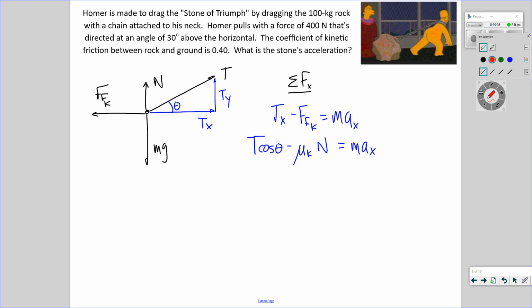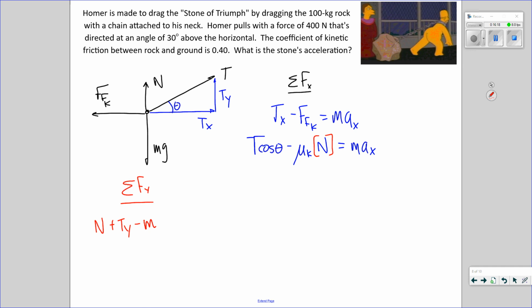People that move too quickly will say N equals mg. That's not always the case. Well, it's not the case here, because if we do a net F in the y, you will notice that N plus Ty minus mg equals 0 because ay is 0. Even though this object is going to accelerate in the x direction, it will not accelerate off the floor or down through the floor.